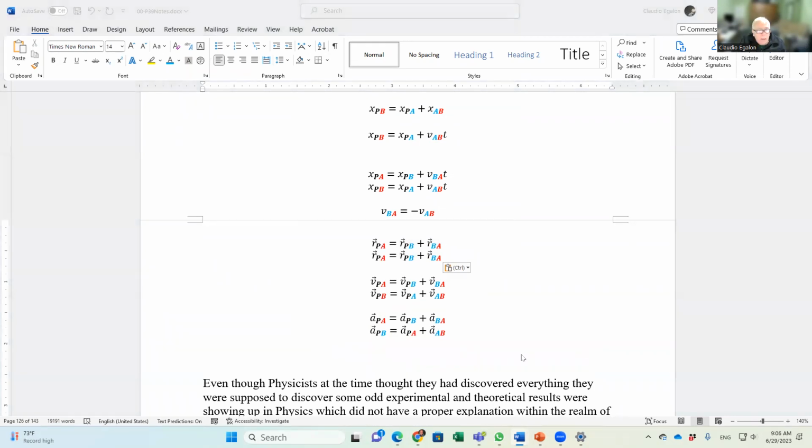The R P of B, R P of A, and then A of B. Like that. Okay? They all have the same format, whether it's the position, velocity, or acceleration.